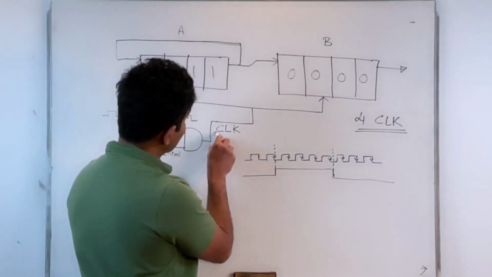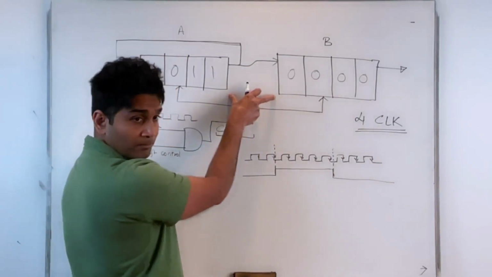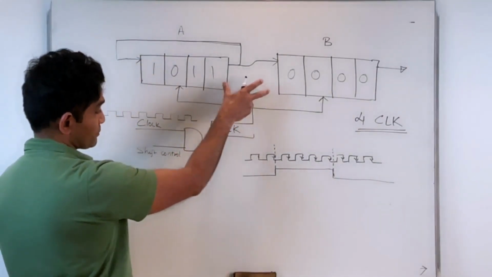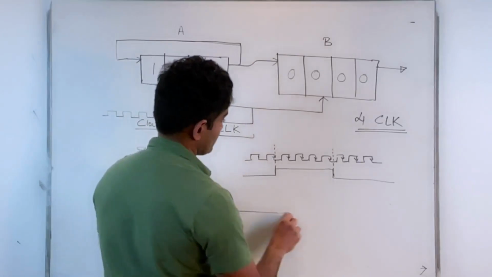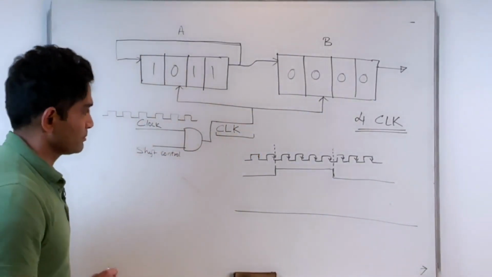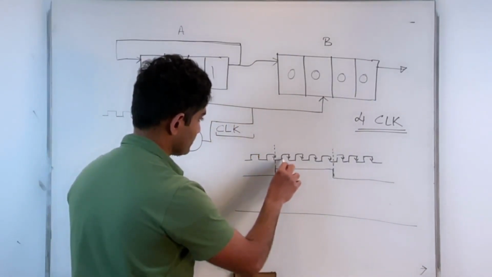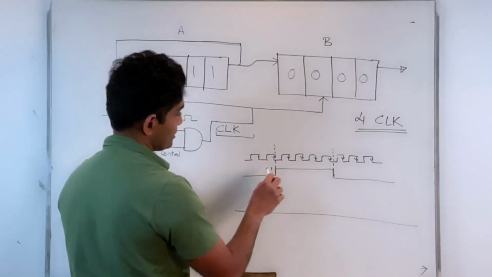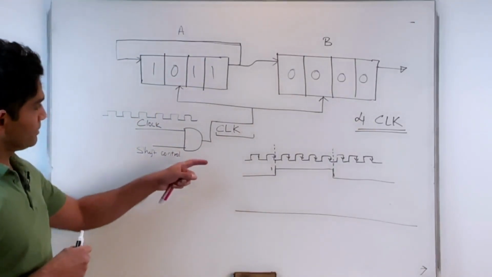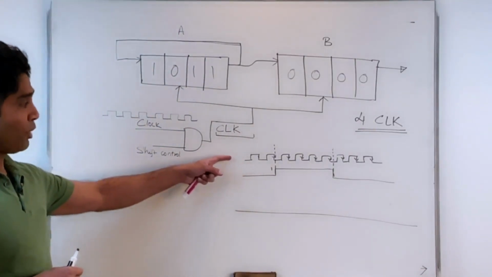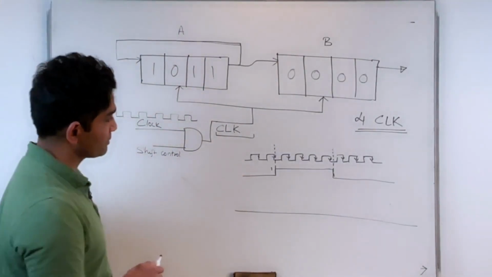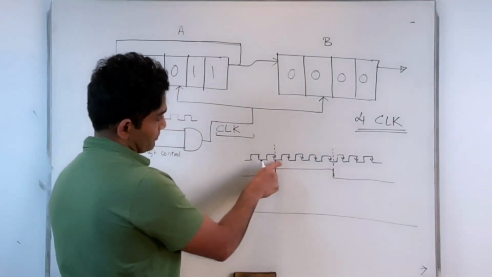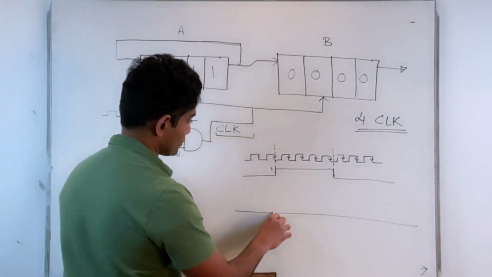So what is the clock being applied to this particular circuit? That would be basically this, which is 1, because this is the AND operation between the clock and this particular signal. As long as it's 1, this signal is being replicated. So I get something like this.